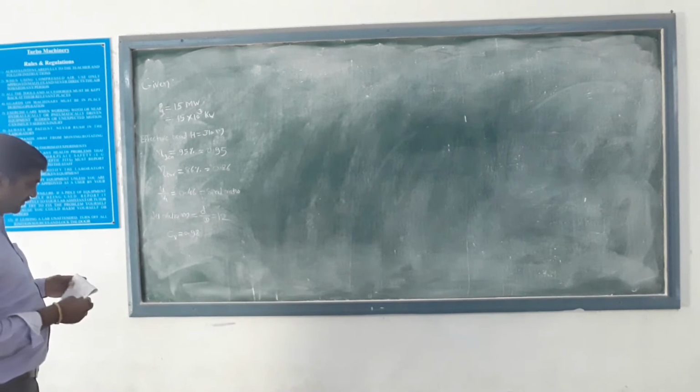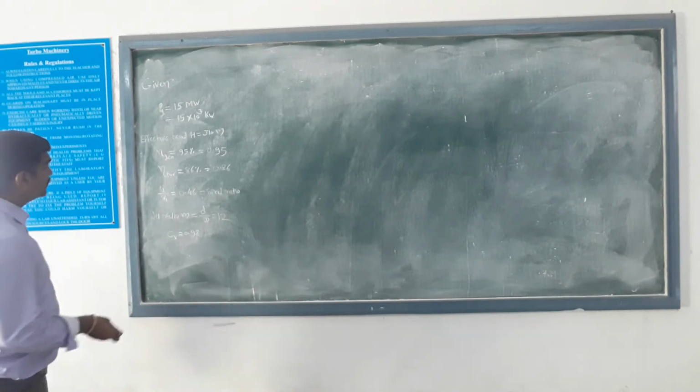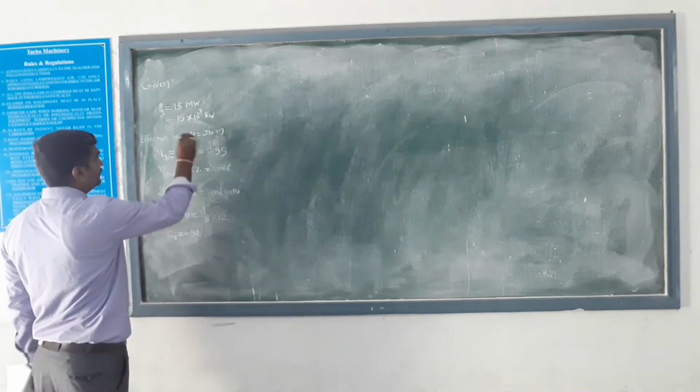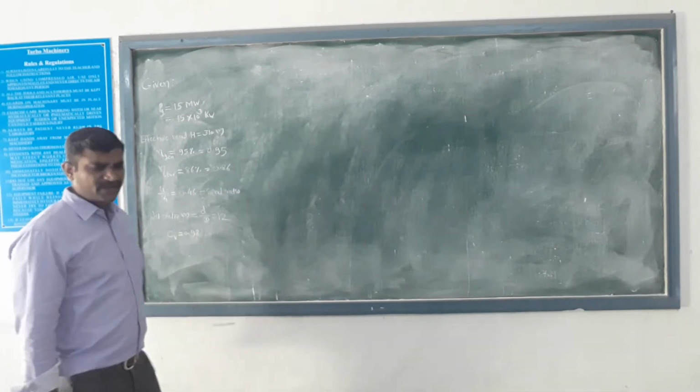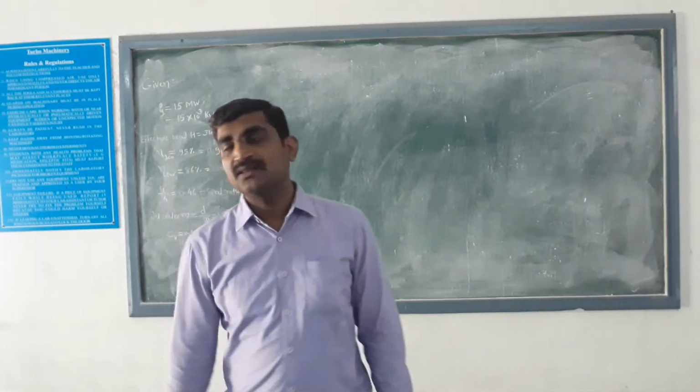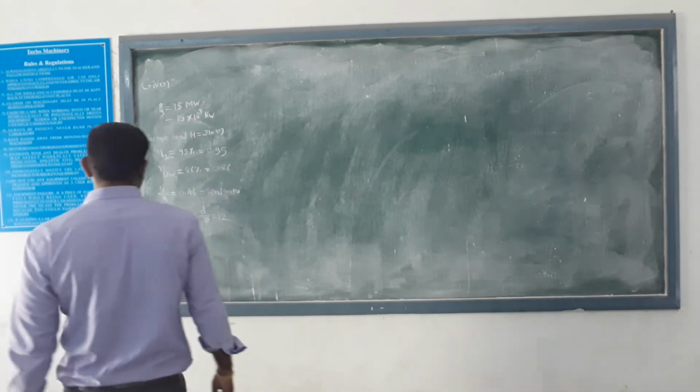We know Cv, and we know H, the effective head. So we find V1, the inlet velocity of the jet.